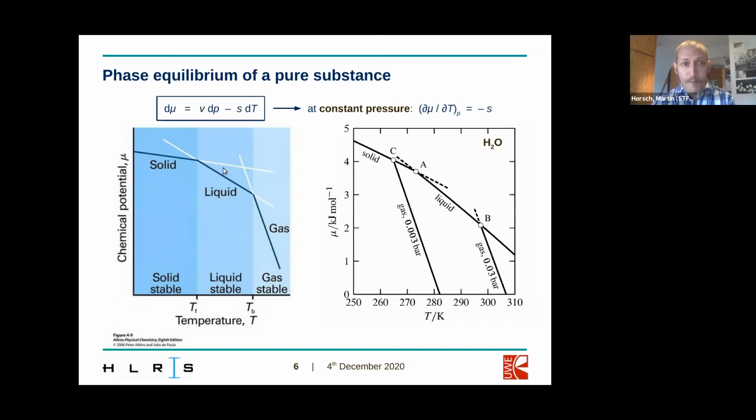The slope of mu over T at constant pressure is the negative entropy, and the phases with greater entropy have a greater negative slope. And so this leads them to have such intersections. Here you have the solid-liquid equilibrium, here you have the vapor-liquid equilibrium. And this is at constant pressure.